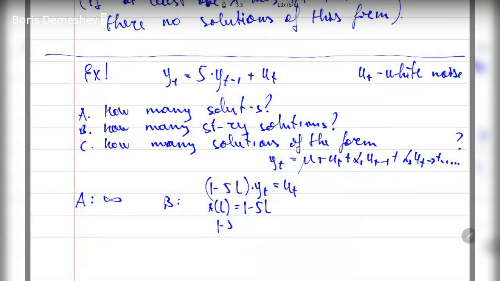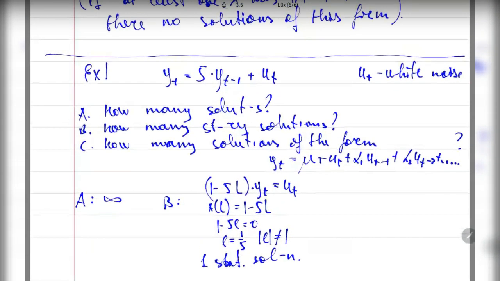If you try to solve it, you will get L equals 1 over 5. The absolute value of L is not equal to 1. So we have one stationary solution. But that stationary solution is not motivated by economics or finance.